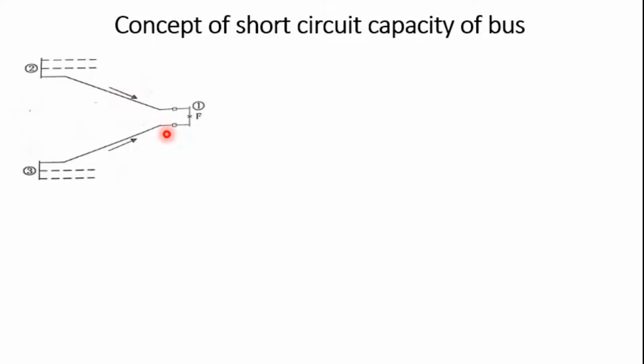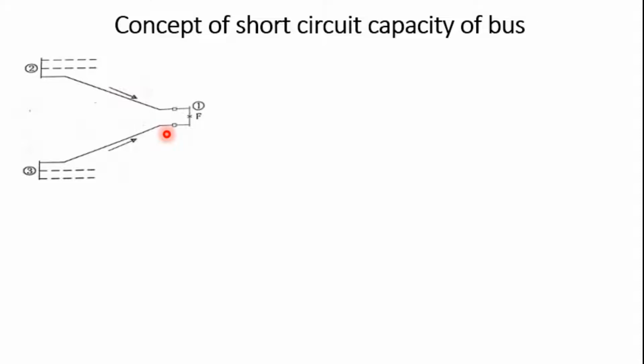The higher the short circuit capacity of a bus, the stronger it is. Hence an infinite bus bar has infinite short circuit capacity and will remain at its magnitude of the pre-fault voltage and the post-fault current.